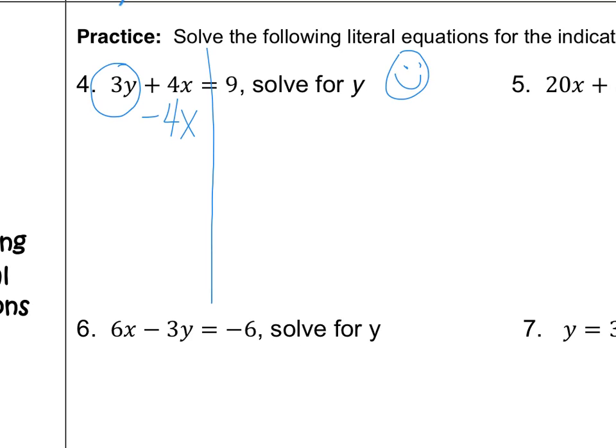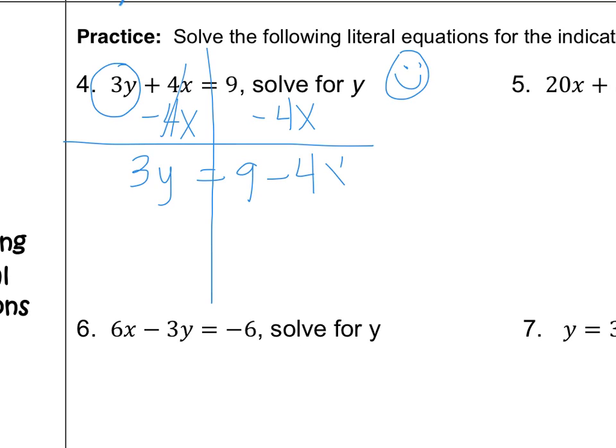So I cannot put my 4x under that 9. So I'm going to put my negative 4x over to the side. I'm just starting another column for x's. I have a column for numbers, a column for x's. Now let's just bring everything down. I've got 3y equals 9 minus 4x on the other side.